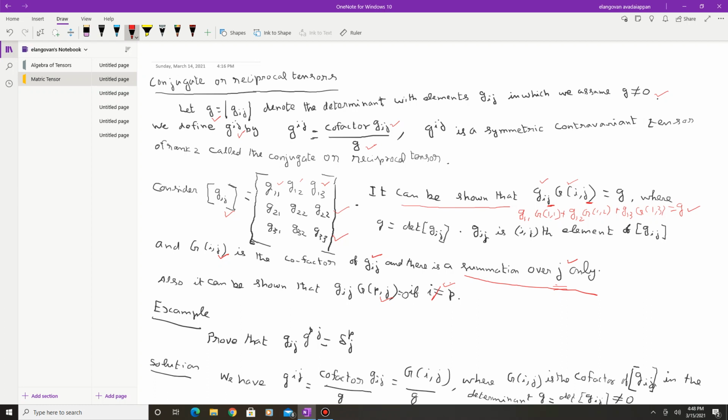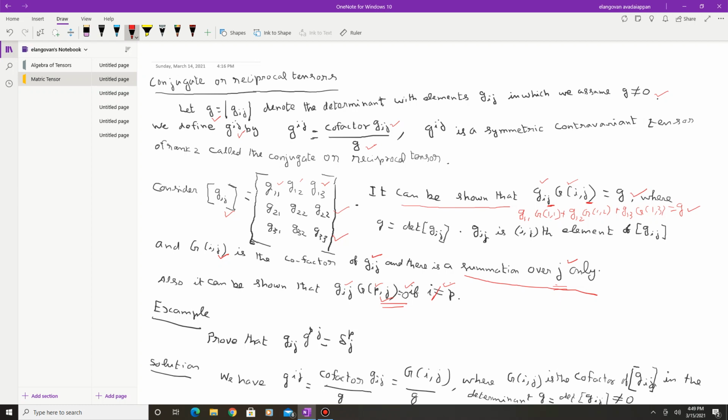If i is equal to p, you will get the value of the determinant. If it is different, then this must be 0. So we have to take these two. Here gij times g of i comma j is equal to g when the i is the same. When it is i and p, these are different, the value must be 0.